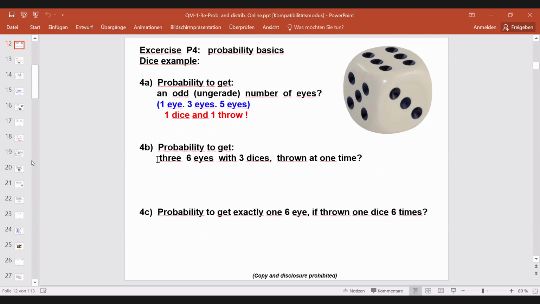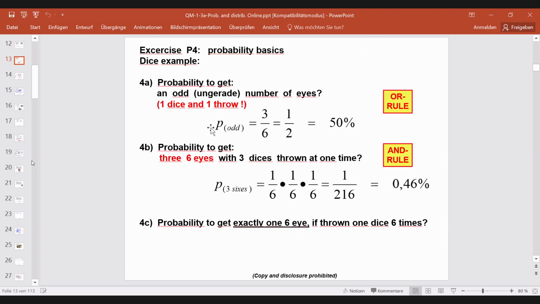Here we have the probability. The question is, what is the probability to get 3 6-eyes if 3 dice are thrown at one time? And the next question is, what is the probability to get exactly 1 6-eye if 1 dice is thrown 6 times? Well, let's take a look at the solutions.